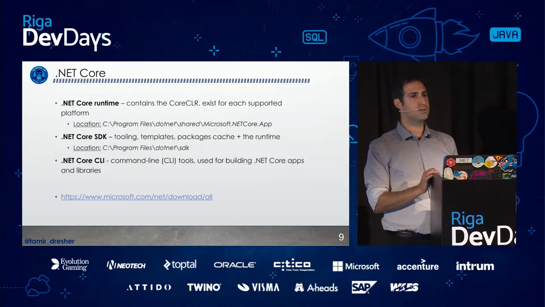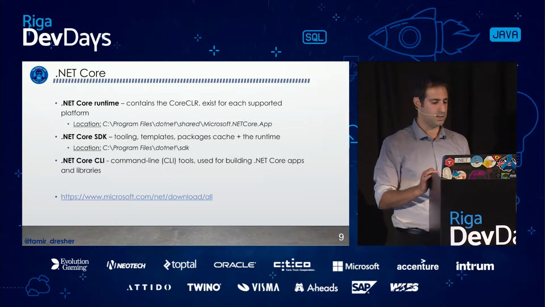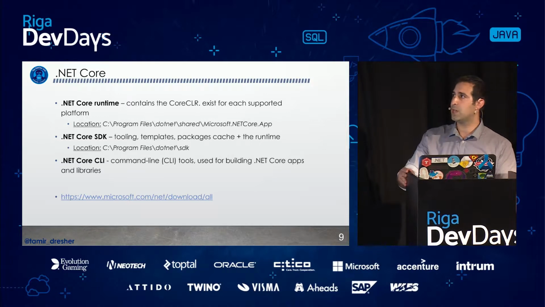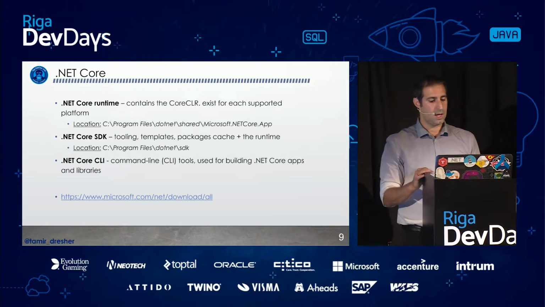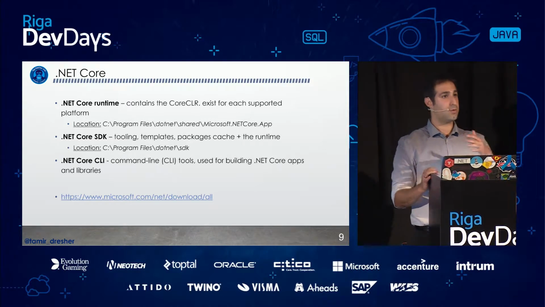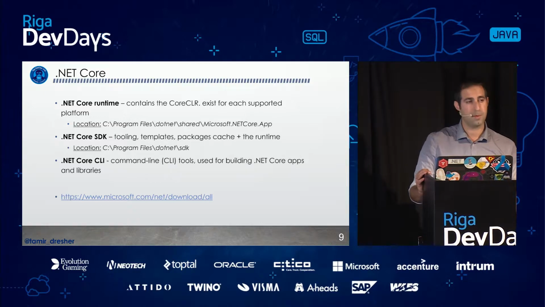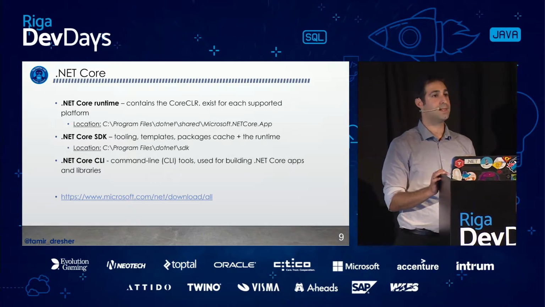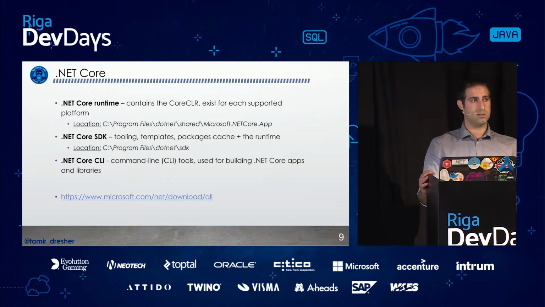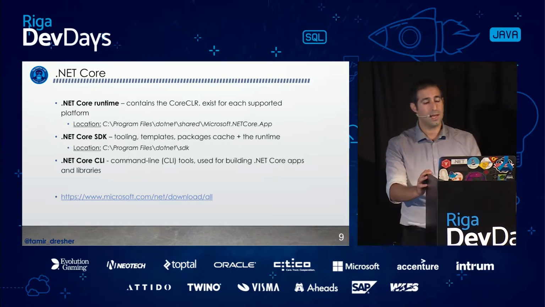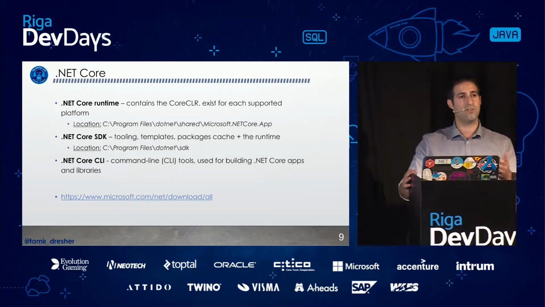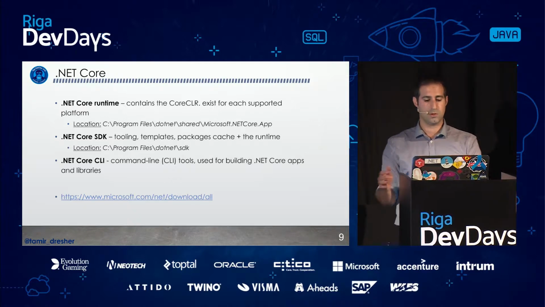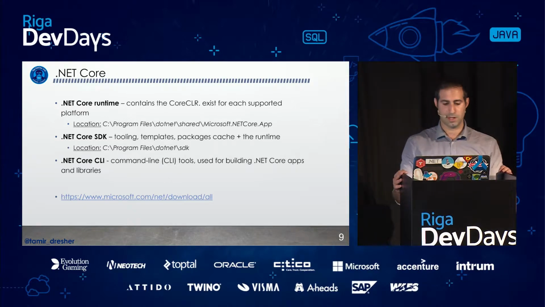We need more tools in order to build our application. And for that purpose, we have the .NET Core SDK. The SDK includes the runtime that we talked about before, but we also get other tooling and templates that allow us to create new applications. It also has a cache of packages that we normally use when we create a .NET Core application.